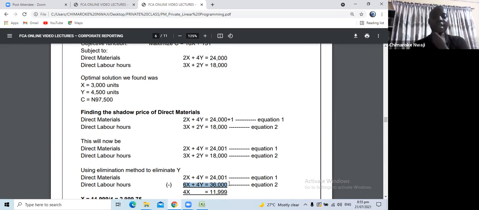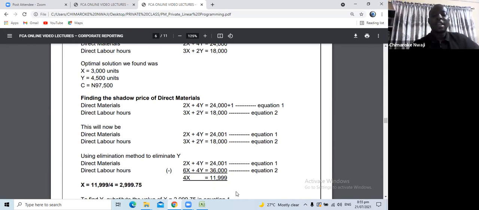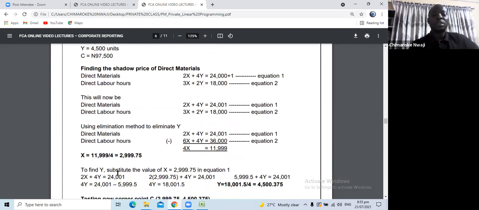So when we eliminate y, 4x will now become 11,999. And when we try to play with that figure, by dividing it by 4, our x becomes 2,999.75. That 0.75 is important. So don't go approximating it.